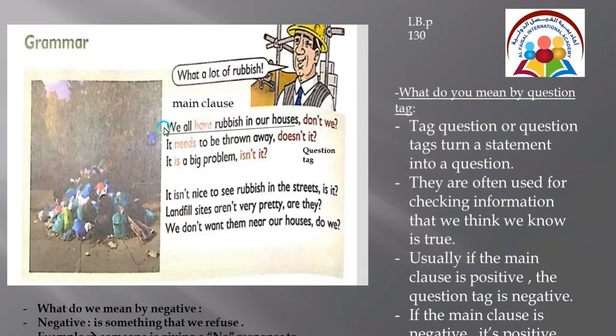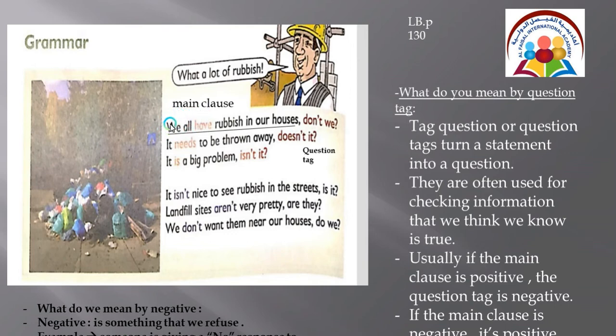Let's see. We all have rubbish in our houses, don't we? We all have. So for verb to do, we have do and does. We use do for plural and does for singular. But in that case, if we have all have we are talking about we.